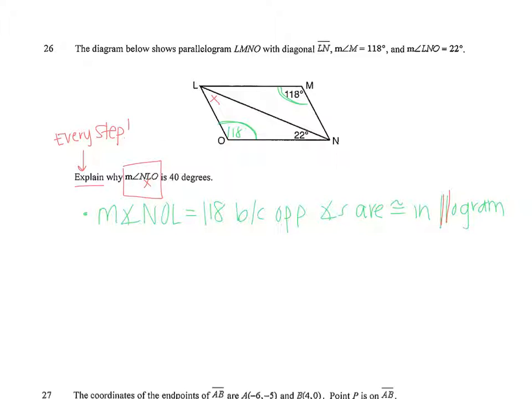You are welcome to do that even on your test. And then after that, I noticed that I have 2 given angles and a missing angle in a triangle. So if I do a little bit of work, x plus 118 plus 22 equals 180 because angles in a triangle equal 180, I can find out what the value of x is.